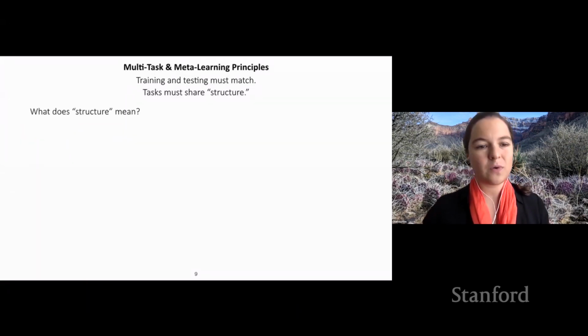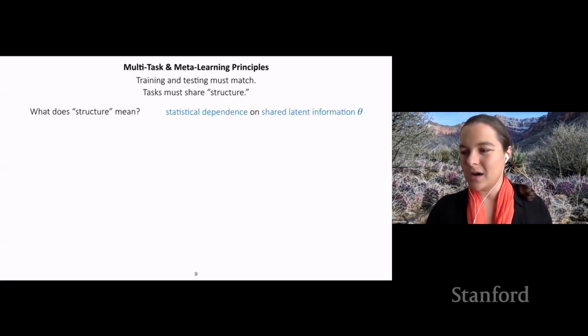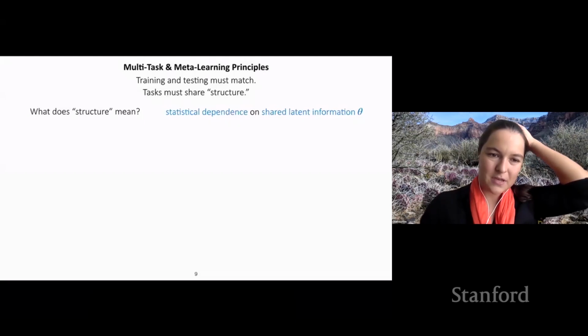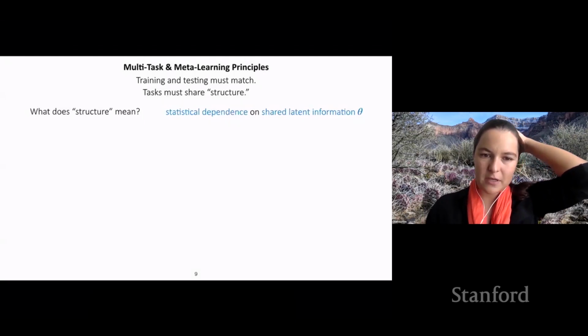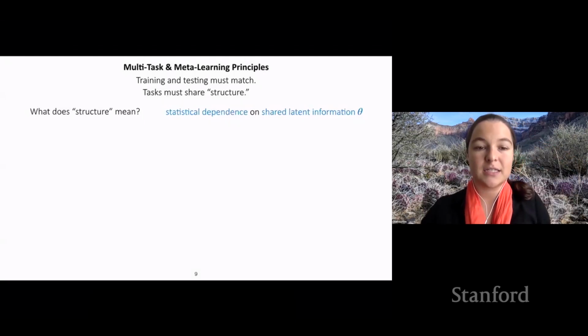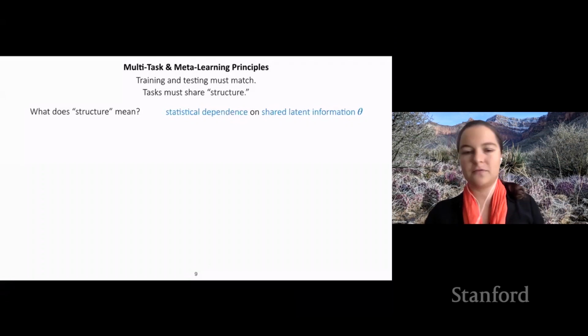But we never really went into what structure means. What does it mean for tasks to share structure? What is that structure? And one way to get a handle on this question is to think about that structure as a statistical dependence on some shared information, where that shared information is latent. It's not something that we can directly observe.